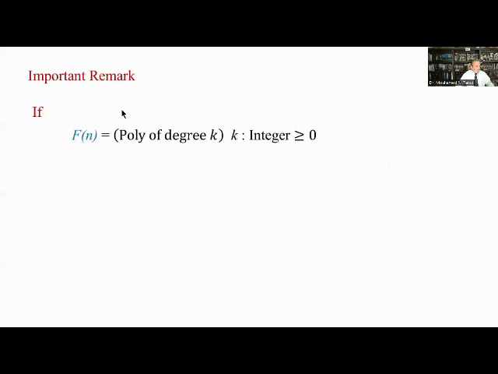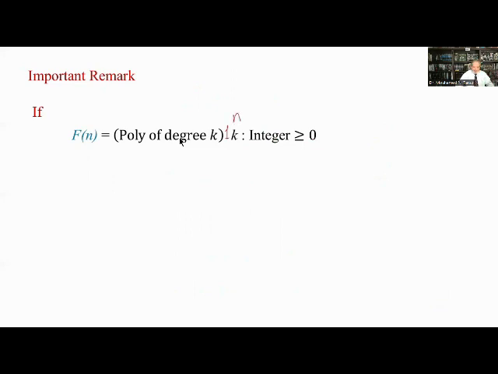This is very important now. Some students confuse this and get it wrong. If Fn is only a polynomial of degree k, you would imagine that there's a 1 here to the power n.